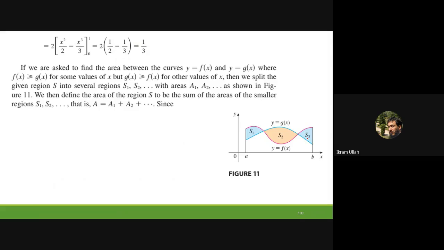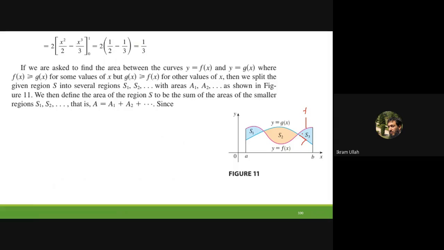And again in the third region, S3, this is f of x. So f of x is greater than g of x, because this is the curve bounded above and this is the curve bounded below.